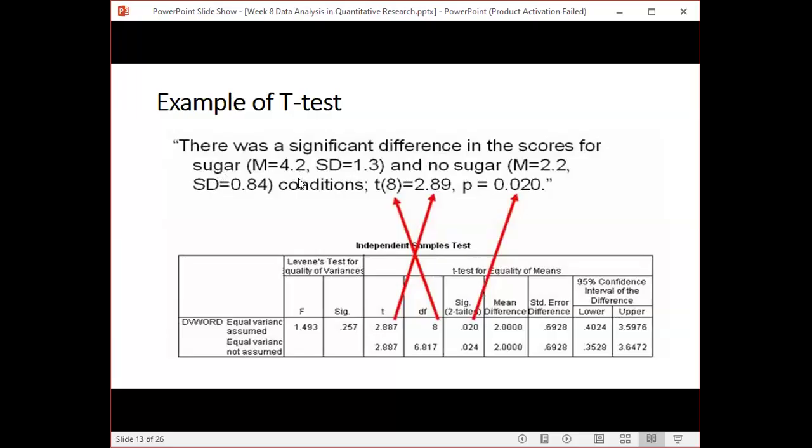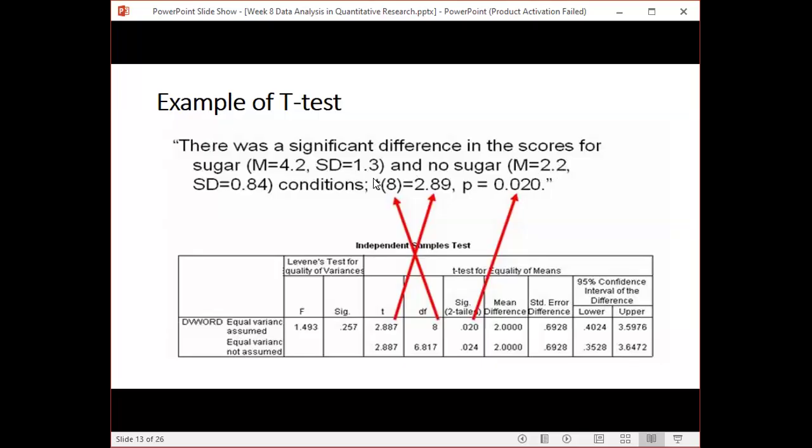The mean was 12.2, standard deviation was 1.3. So between sugar and no sugar, these are what we are trying to test. Are the means the same or different? So the mean for sugar was 4.2, the mean for no sugar was 2.2. Okay, and so we want to test.